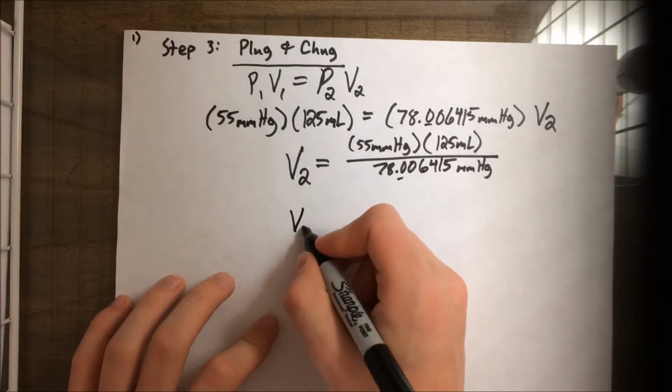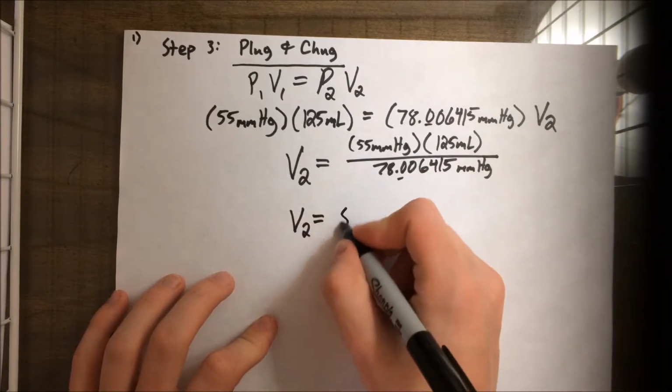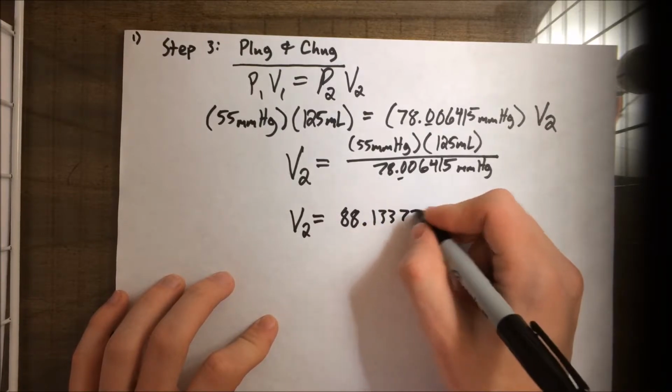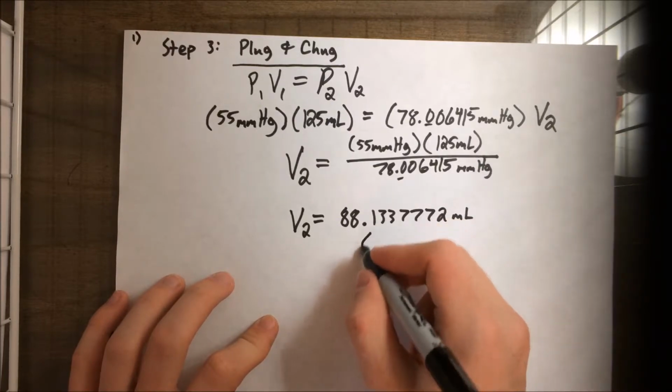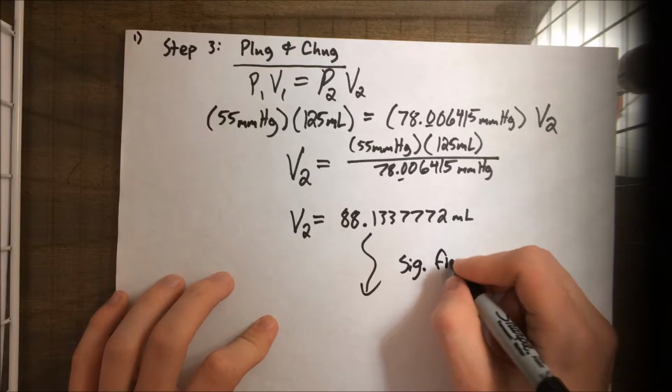Okay, so then we get for V2, for the final volume, 88.1337772 milliliters. So then we need to keep track of sig figs, significant figures.